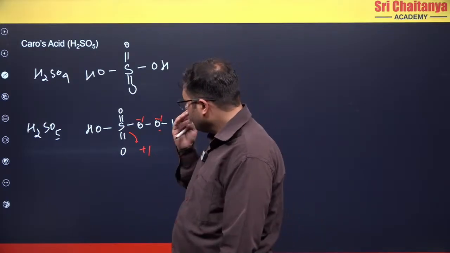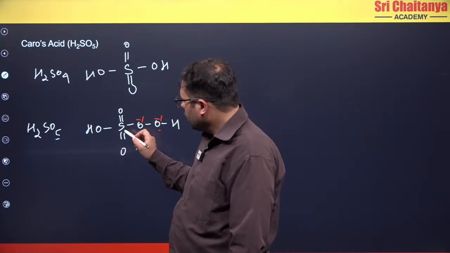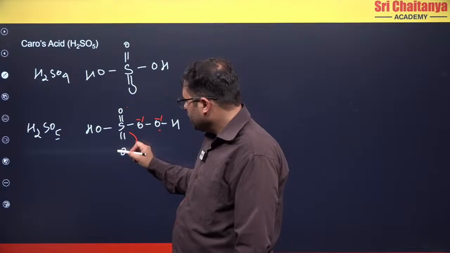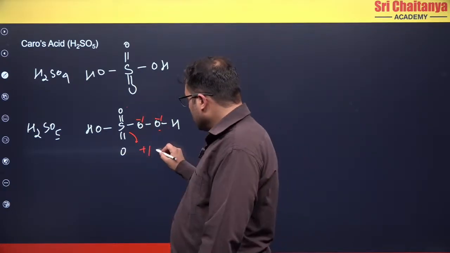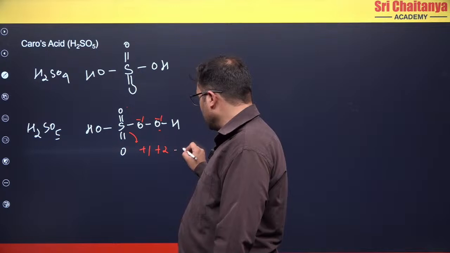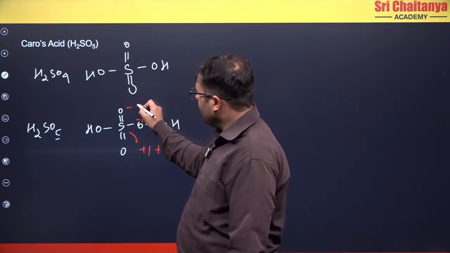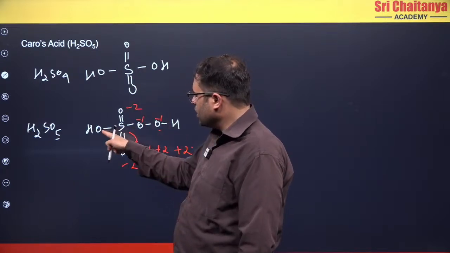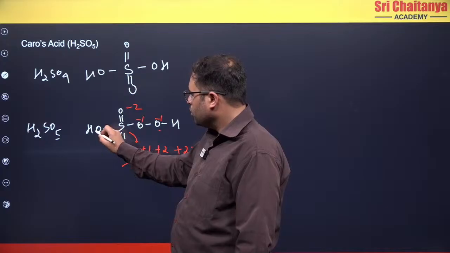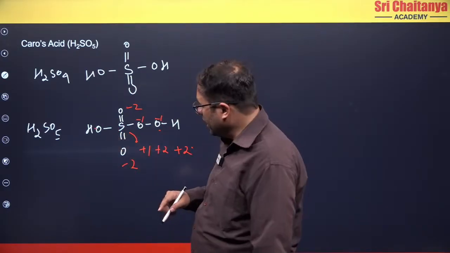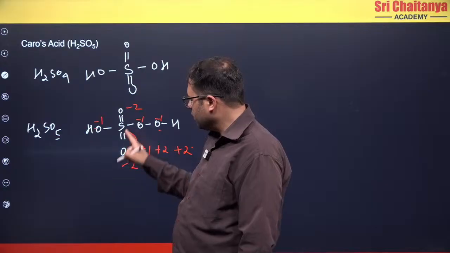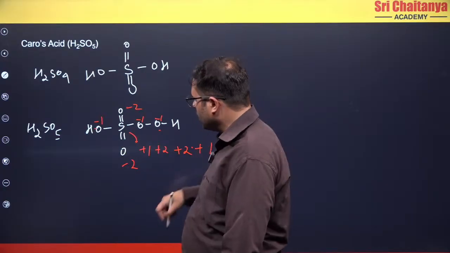Now, again moving forward, for these oxygens, each are having 2 bonds. For each 2 bonds, you will get +2. For here also, you will get +2. Oxygen will get -2, -2. For this bond, sulfur is less electronegative, oxygen is more, so -1 here for this and a +1 for that.